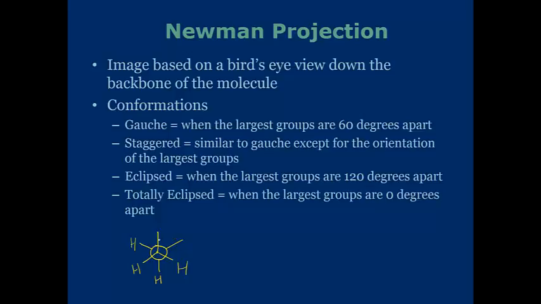As you can see, there's 60 degrees of separation between the methyl groups. And eclipsed, as the name would suggest, is when the rotation puts this view into a varied alignment. And total eclipsed is noted like so.